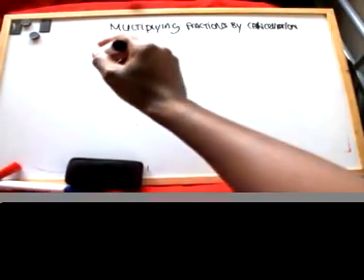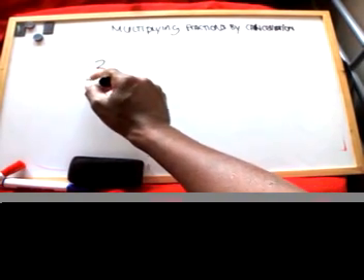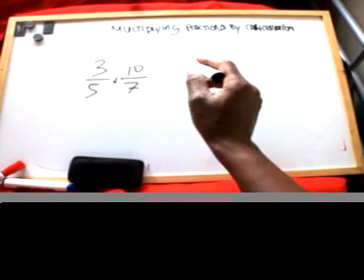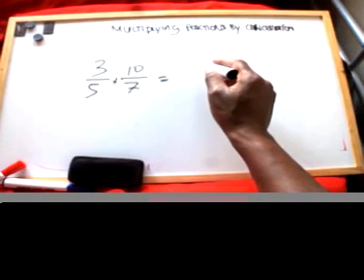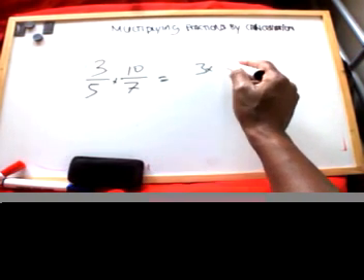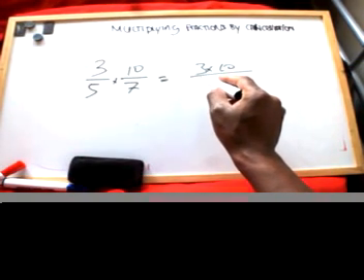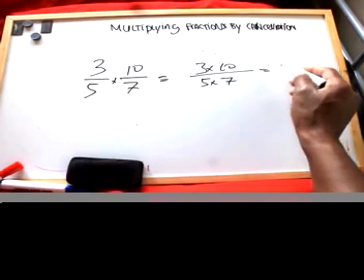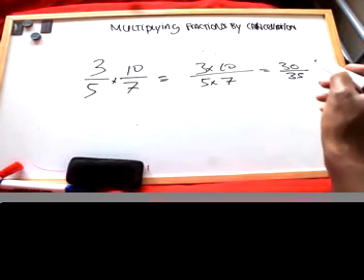Let's say we had our calculation to do: 3 over 5 times 10 over 7. We know you have to work this out numerator by numerator, which is 3 times 10, over denominator by denominator, which is 5 times 7. That equals 30 over 35.